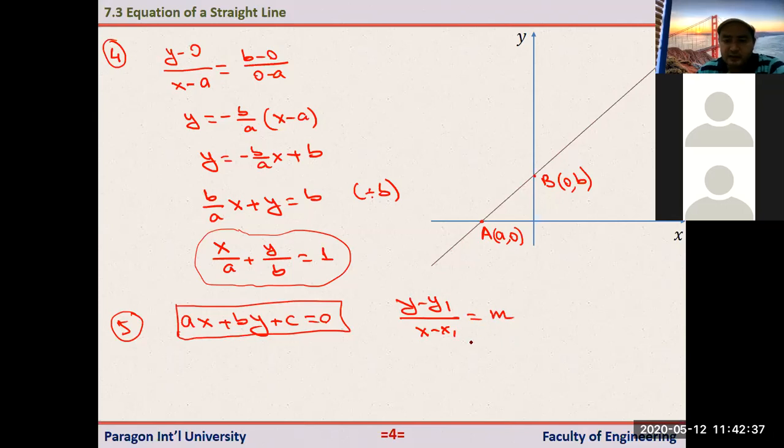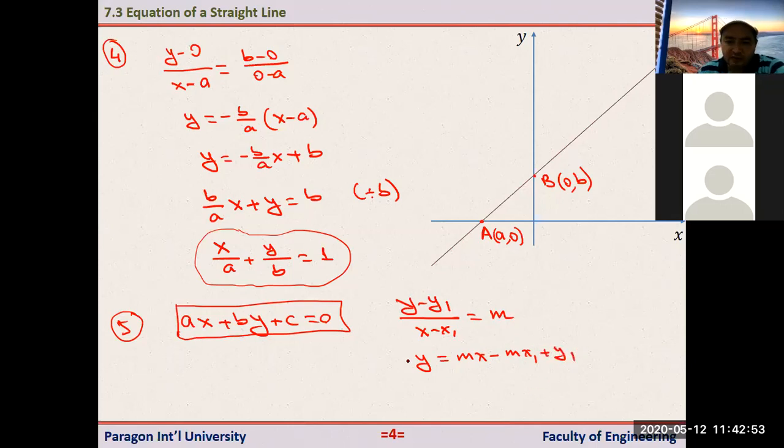Here we have y equals mx minus mx1 plus y1.